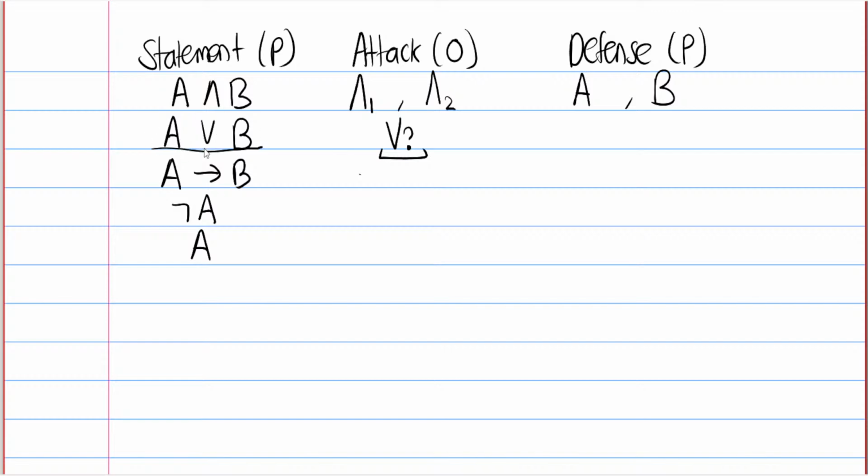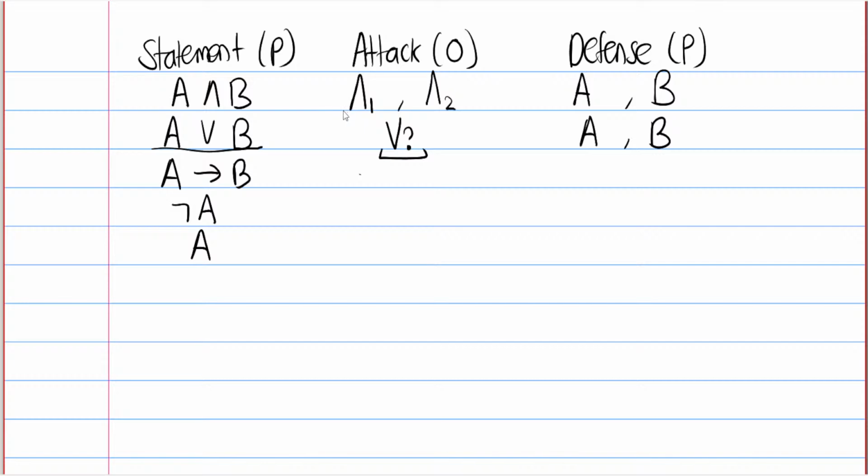So if I ask you to show me that one of them is true, then I'll let you survive this round of attack if you're able to provide me with the fact that either one of these is true. So P has 2 different defenses available.